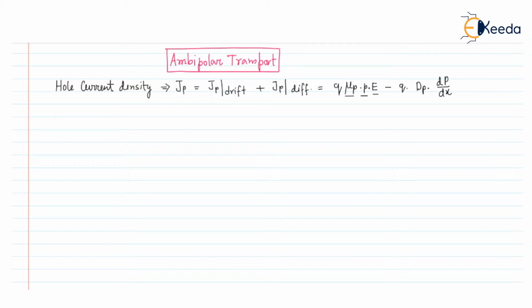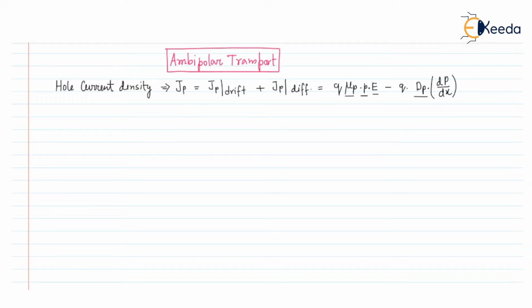Similarly, Dp in the diffusion current density equation is the diffusion coefficient for the holes, and dp by dx is the concentration gradient of the holes.